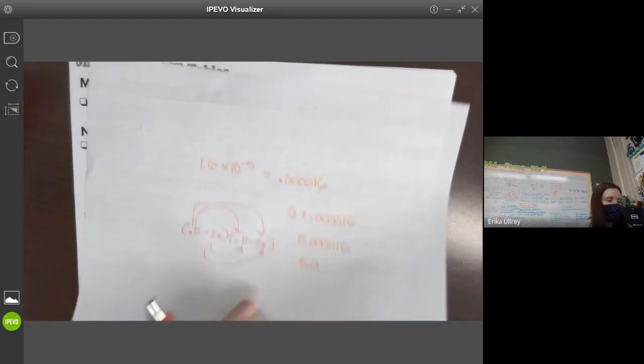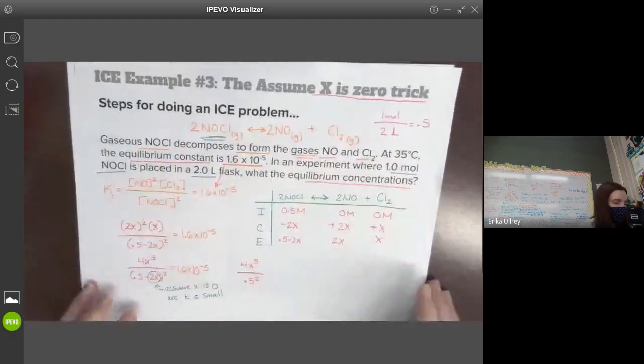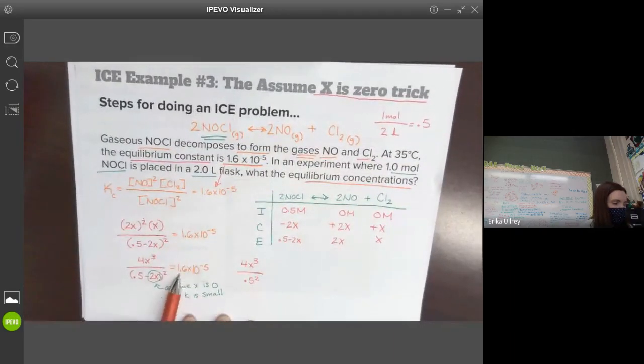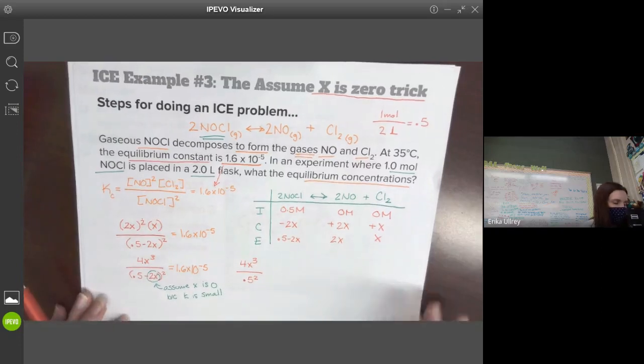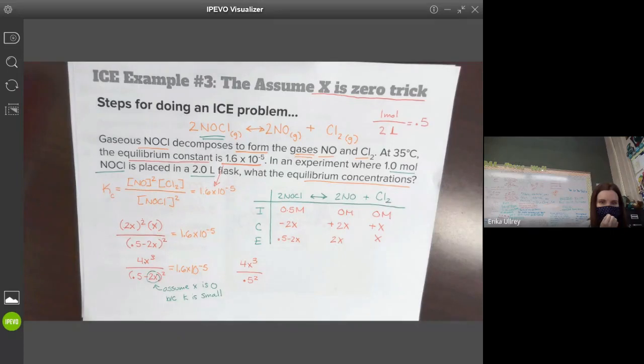That's a lot more work. So in scenarios where our k is really small, when we have the subtraction part, we can assume that it is small, okay? Does that make sense? Any questions with that?